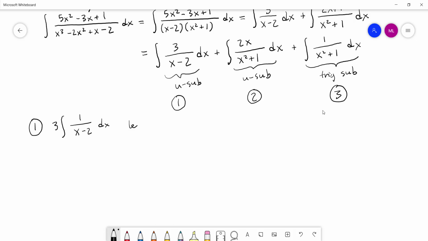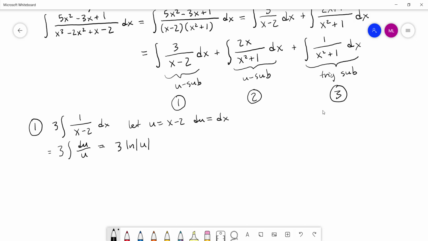And I'm going to let u be equal to x minus 2. du is simply going to be dx. And this whole thing becomes 3 times the integral of du over u.